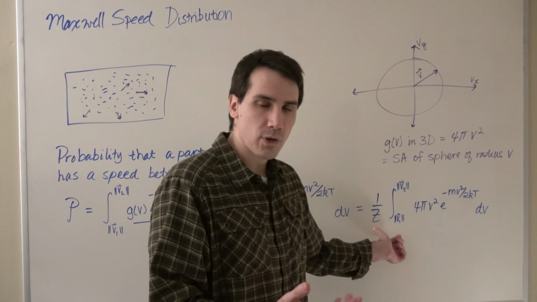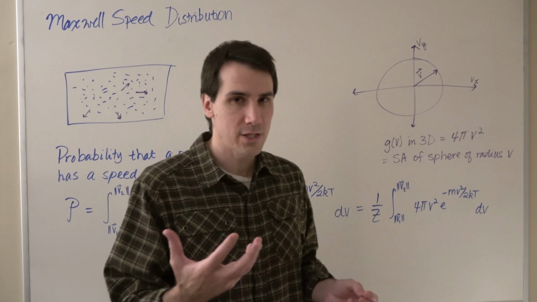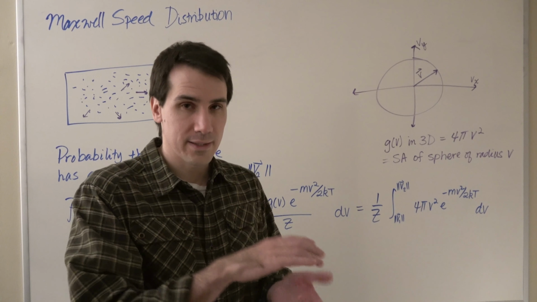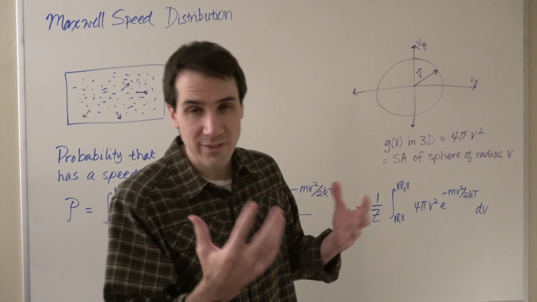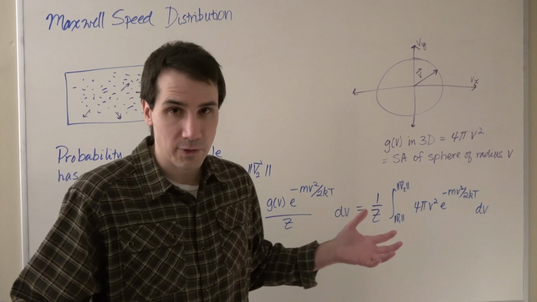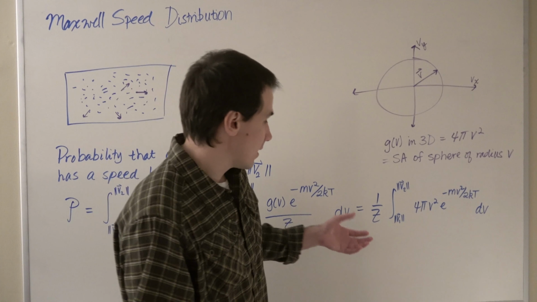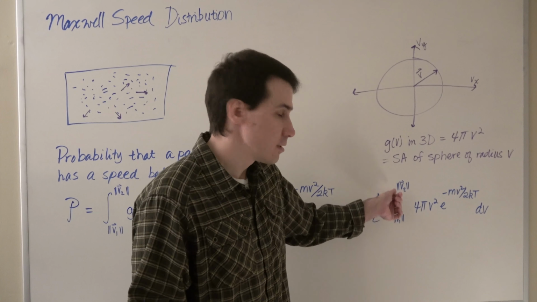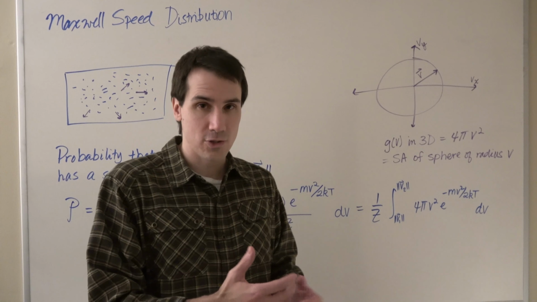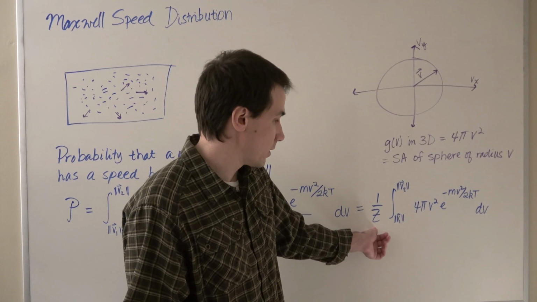And I've pulled the 1 over z out front because remember the partition function is just a constant. It is the sum of all of the Boltzmann factors multiplied by degeneracy for all possible states, and that doesn't change throughout my integral. The partition function for the system is just a constant, so I can pull it out front here.